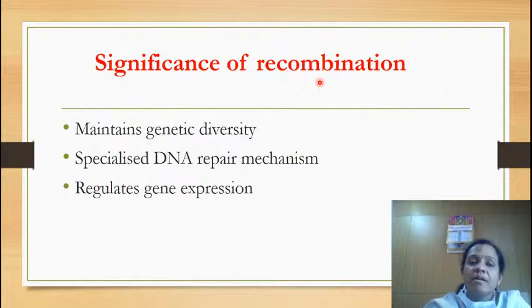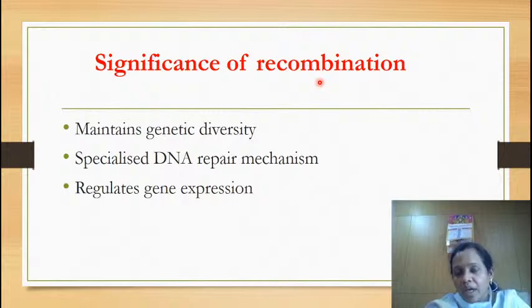Next, it helps in regulating the gene expression. How it regulates the gene expression, we'll see in detail when we talk about the regulation of gene expression. But that is also very important. I can give you the example of the immunoglobulins that we have seen. In site-specific recombination, the intervening genes are removed, so that is how that gene is regulated.